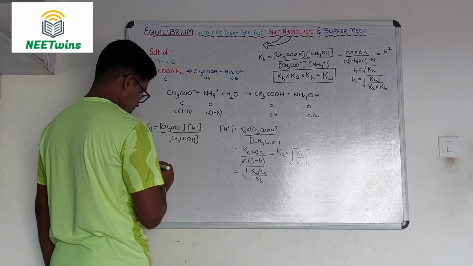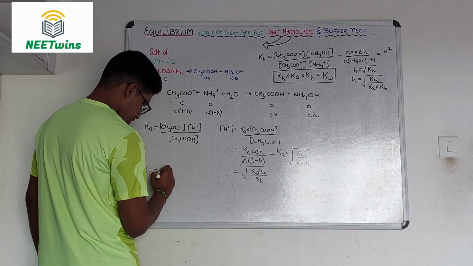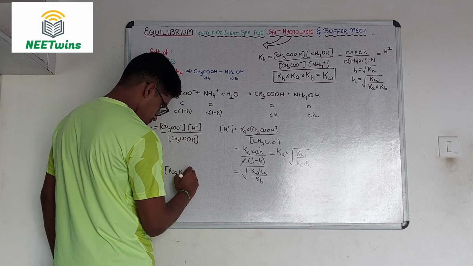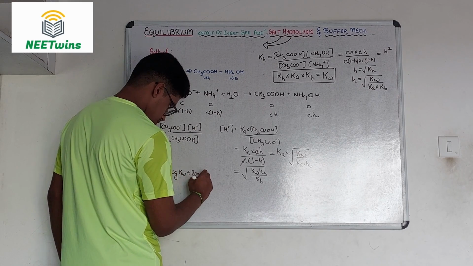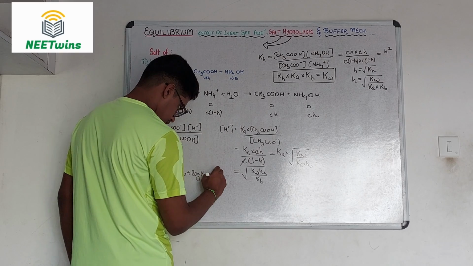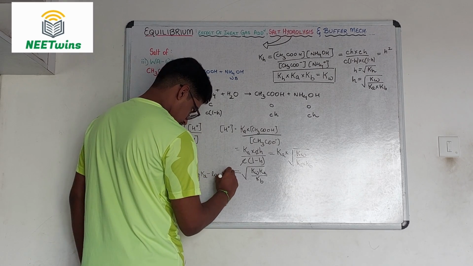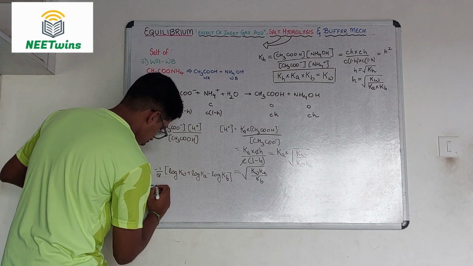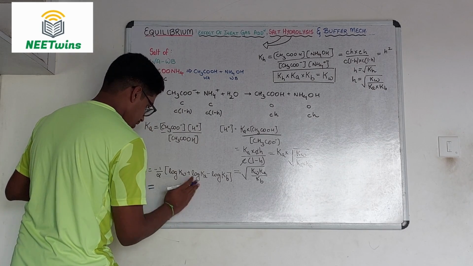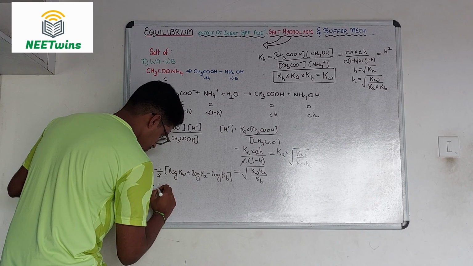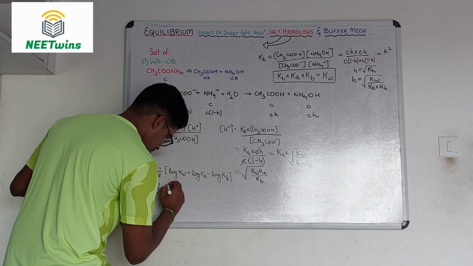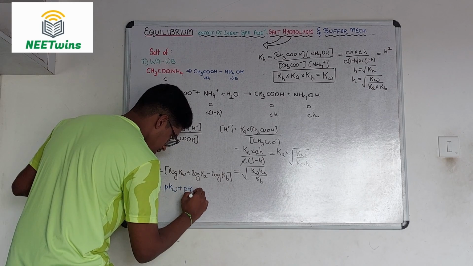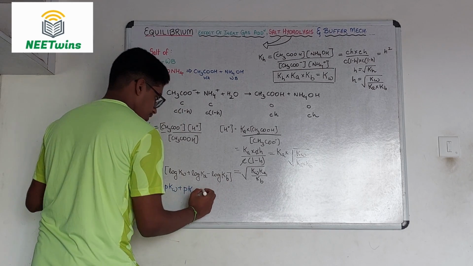So taking the power half outside, we get it as minus half of log of Kw plus log of Ka minus log of Kb. So this becomes equal to, taking negative inside, we get negative log of Kw, which is pKw, negative log of Ka, which is pKa, and negative of negative log of Kb, that is minus pKb.